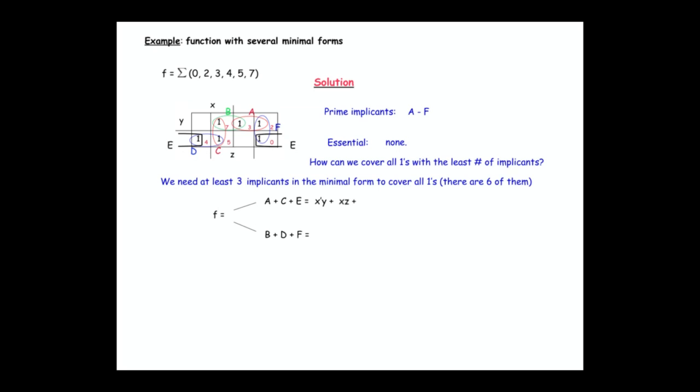So the first minimal form is going to be x complement y plus xz plus y complement z complement. And the second one is yz, x y complement, and x complement z complement. Right? So these are not minterms, but these are standard terms, and none of them overlap here.